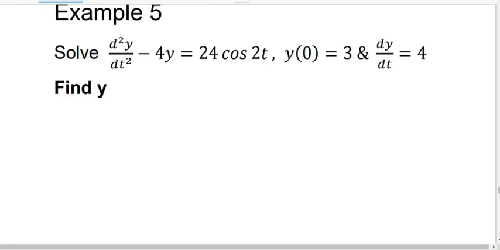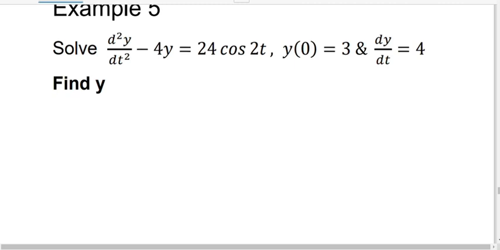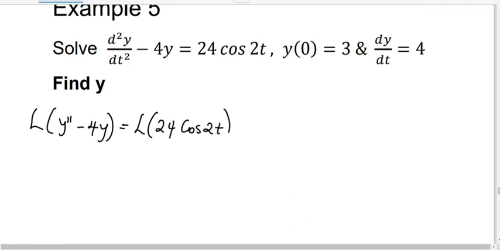Yeah, so to solve this, we'll start by taking the Laplace transform of both sides. That will be the Laplace transform of y double prime minus 4y equal to the Laplace transform of 24 cos 2t.